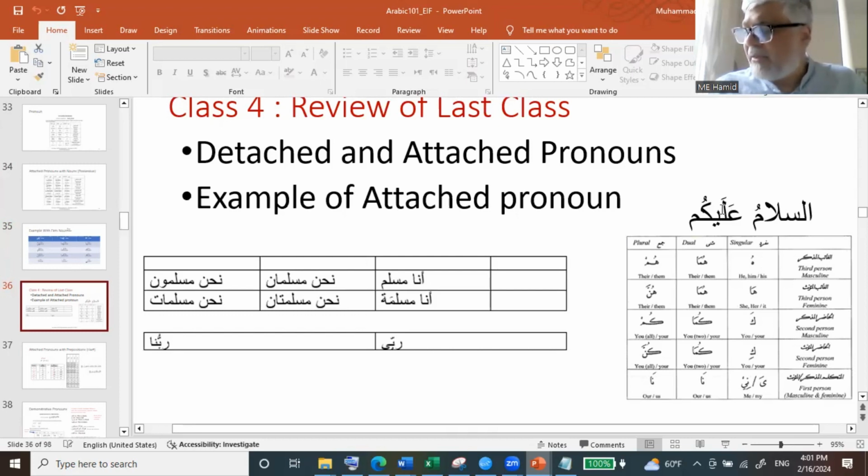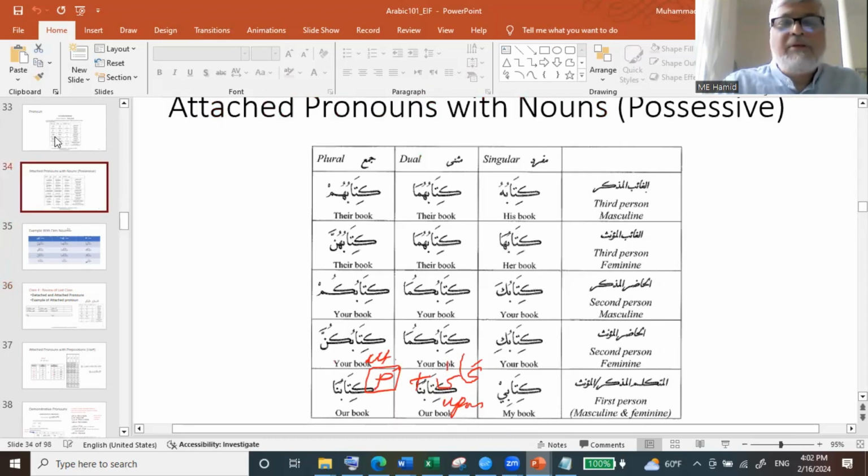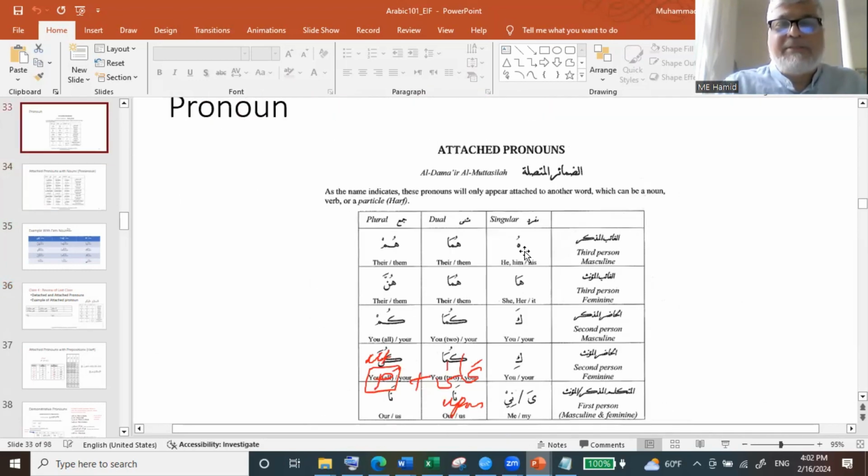So ala plus a pronoun. You have to add one of those attached pronouns to ala. Let's practice that: ala and an attached pronoun. Ala means upon, on. So let's go to the list here.